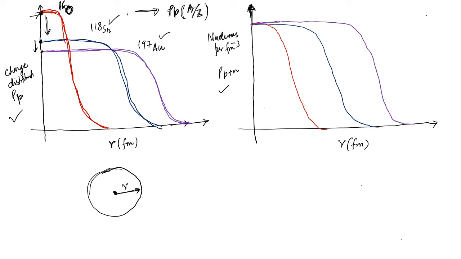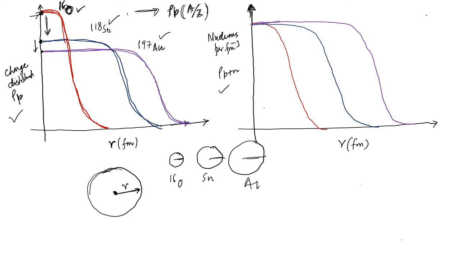This is going to have a smaller radius, and this is going to have a bigger radius, and this is going to have an even bigger radius, like oxygen-16, tin, and gold.